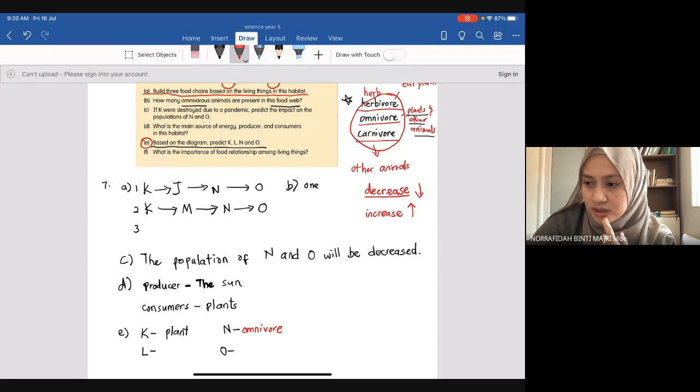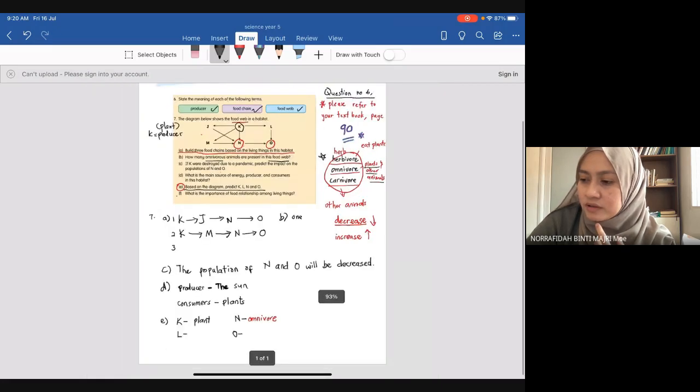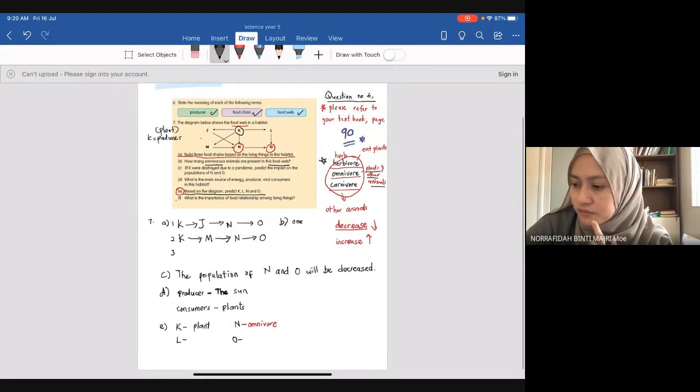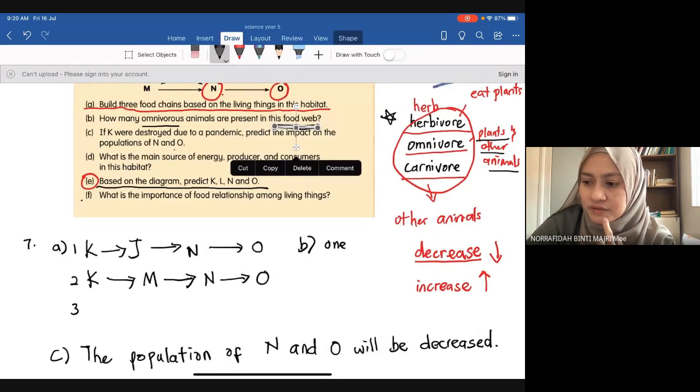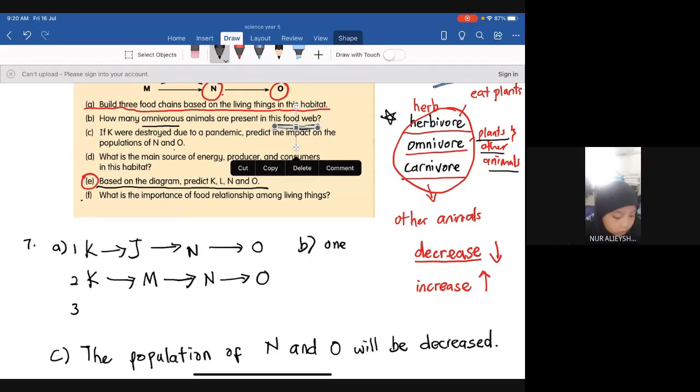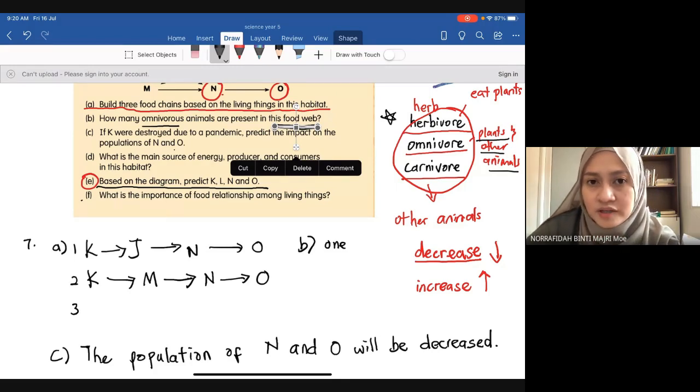Okay, now last one. F. What is the importance of food relationship among living things? Food relationship among living things is important to ensure the balance of nature. You can write your own words like this. Food relationship is very important to ensure the balance in an ecosystem.